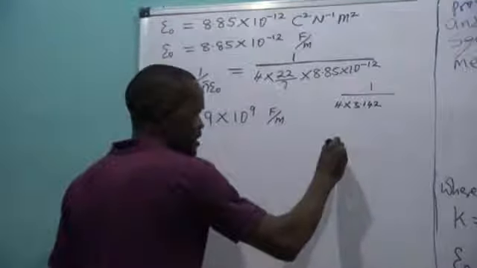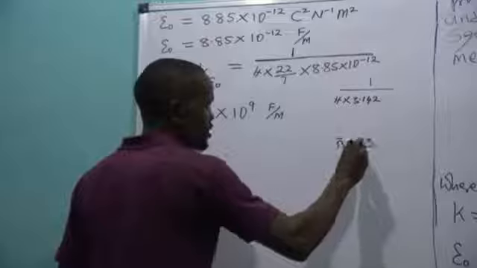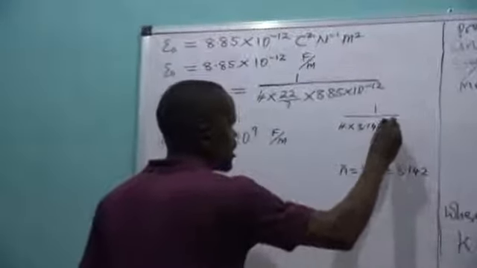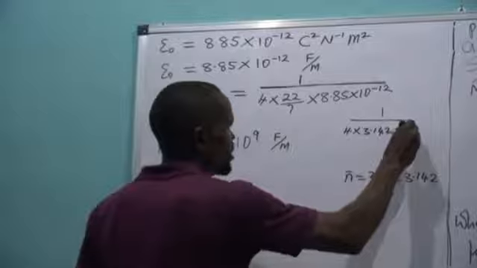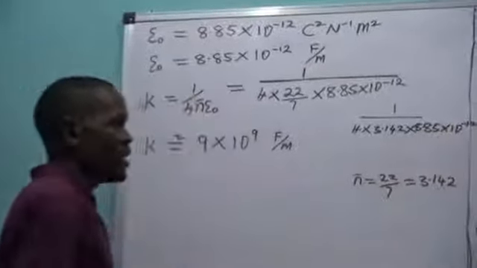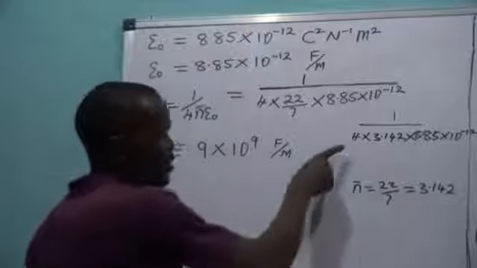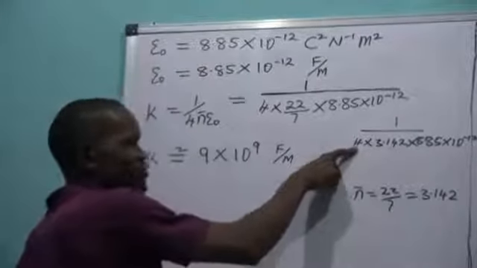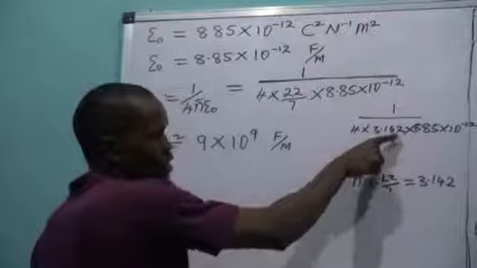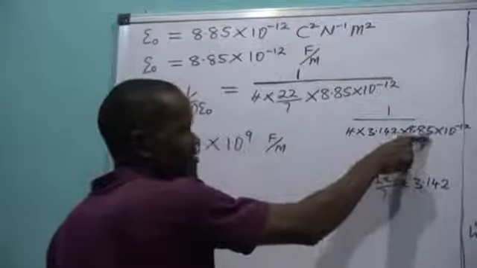We say pi is equal to 22 over 7 and approximately 3.142 times 8.85 times 10 raised to the power minus 12. Here, you can use your calculator. How do you do this in your calculator? Press 4 times 3.142 times 8.85.